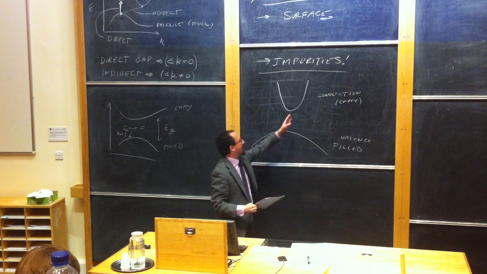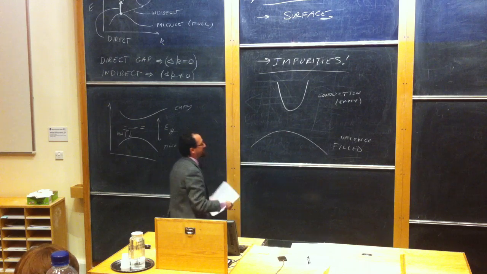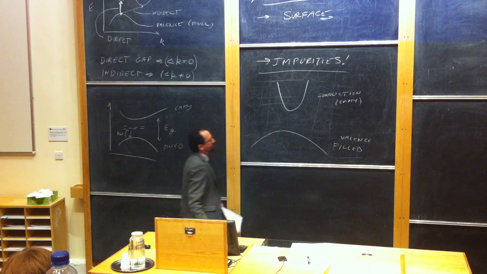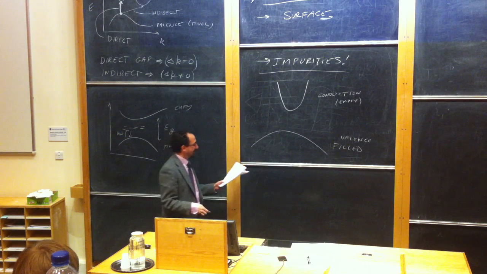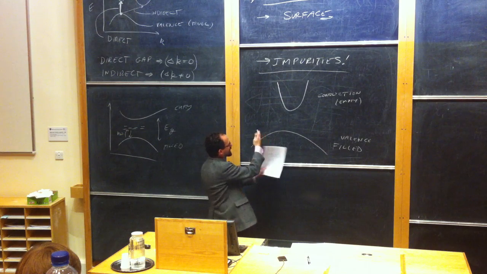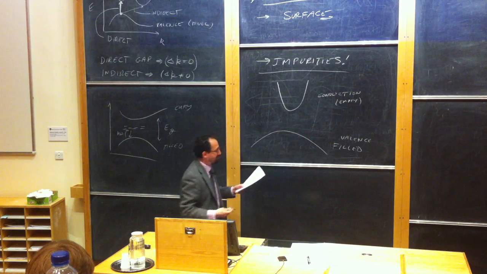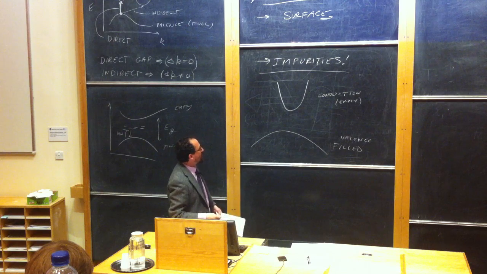It may be an indirect gap, it may be a direct gap. This point and this point need not line up. I've actually drawn them to almost line up, that was a mistake. But they could line up, they could not line up, doesn't matter, either one's allowed.